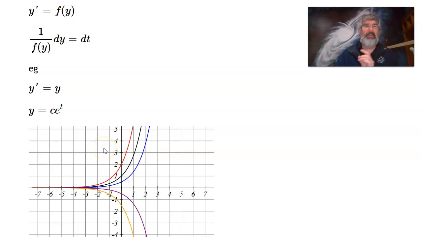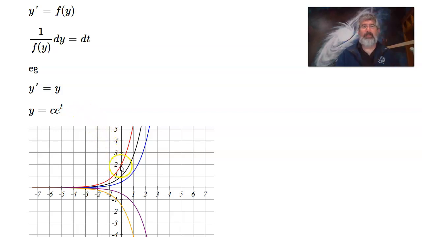But because of the algebra of exponentials, the red curve is 2e to the t, and the 2 could be written as e to the log of 2. So e to the log of 2 times e to the t is actually e to the t plus log 2, natural log 2. So that's a shift in the t direction to the left of log 2.